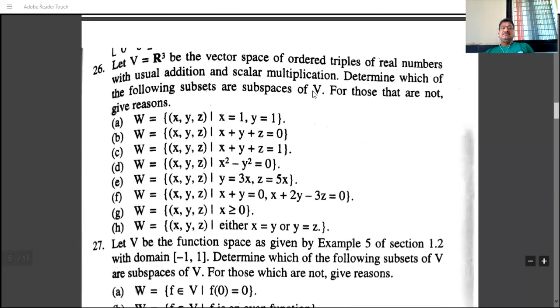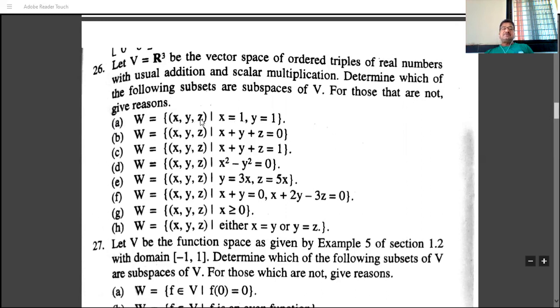So see these exercises. V is equal to R3, the set of all ordered triplets or three-tuples with usual addition and usual scalar multiplication. Determine which of the following is a subspace of V. For those that are not subspaces, give a reason. So for example, the first W is (x, y, z) such that x is 1, y is 1.